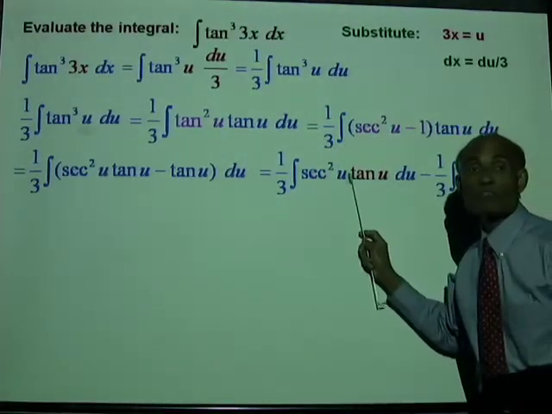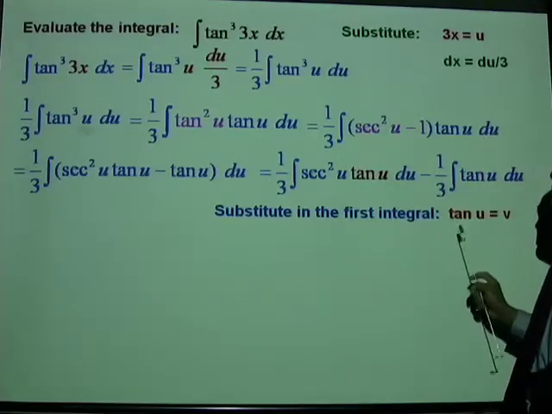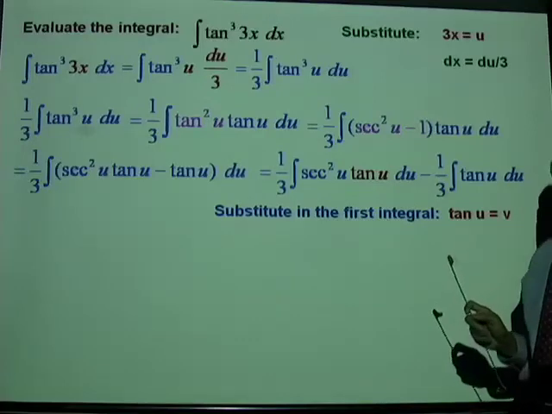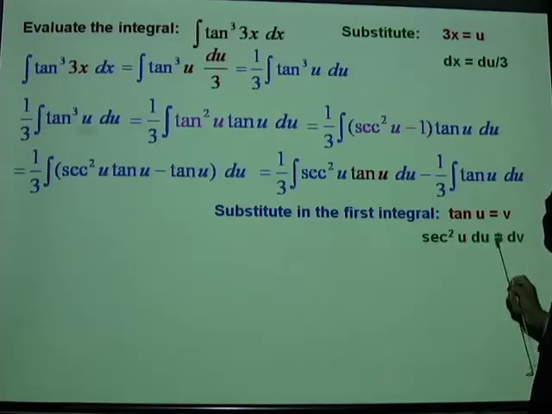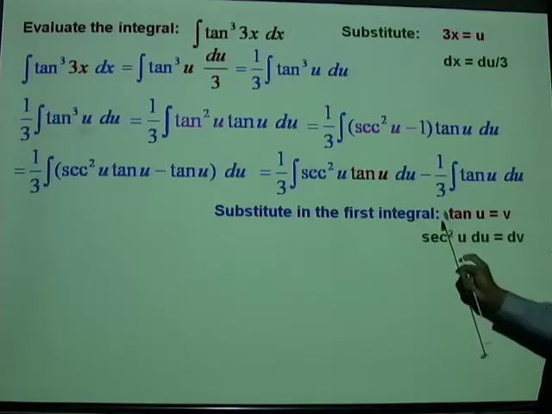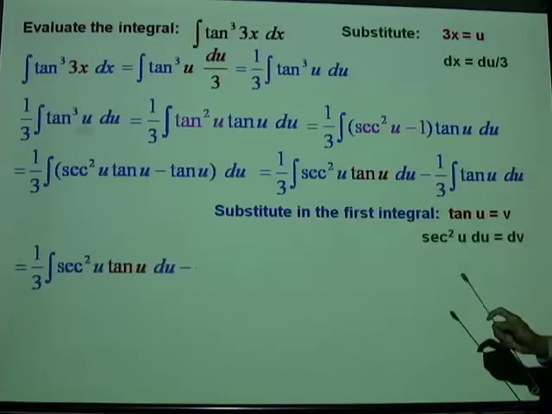And here we substitute tan u equal to v. That makes secant squared u du equal to dv.